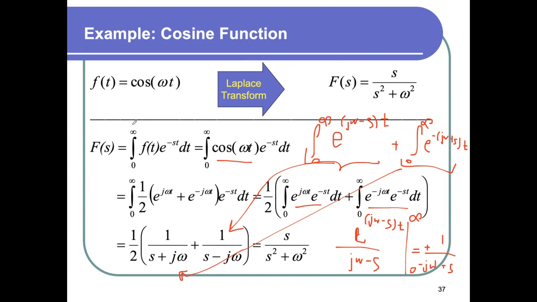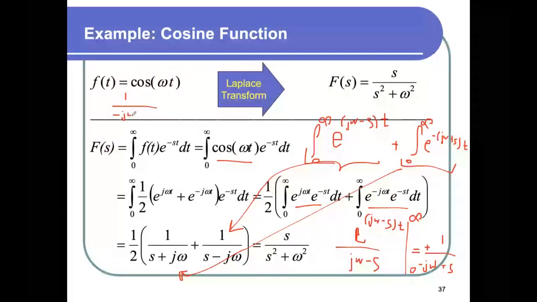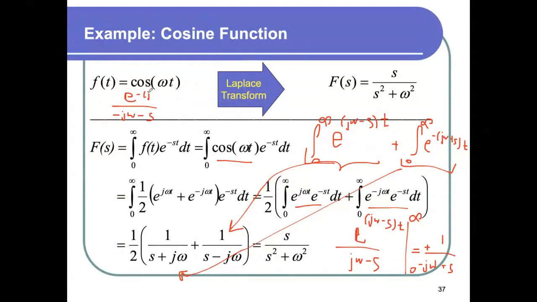And we can easily see that because if I integrate the second guy over here, I'll have 1 over minus j omega minus s e to the power of minus j omega plus s with a common factor t.